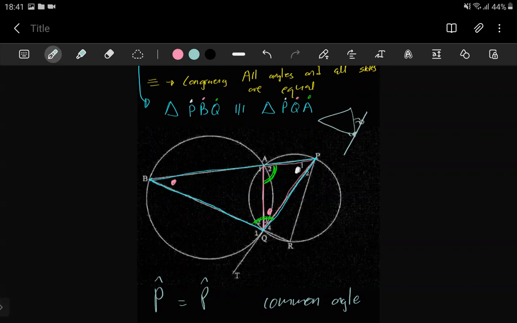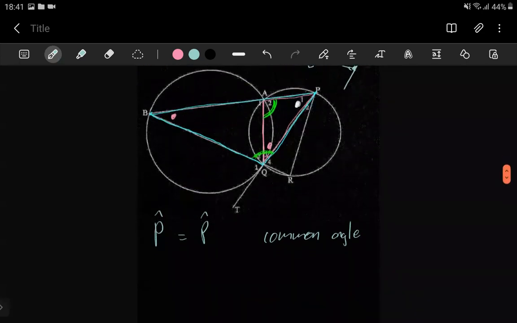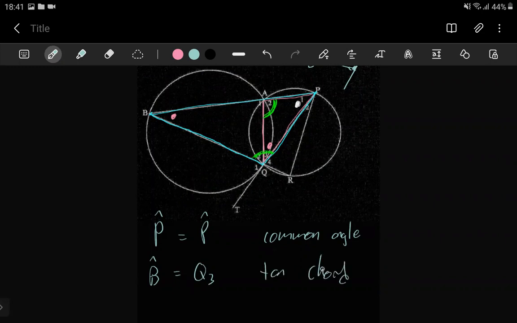So the angle here, which is Q3, is equal to the angle up there, which is just the B. So we can say here, B is equal to Q3. The reason there is tangent chord, the tangent chord theorem.